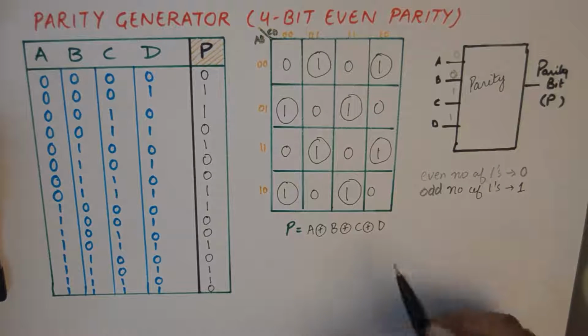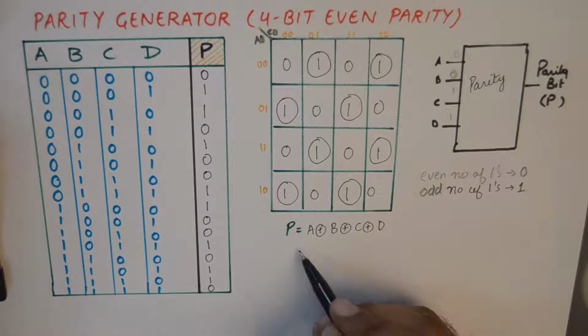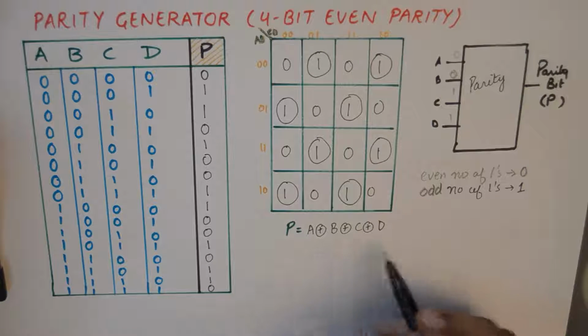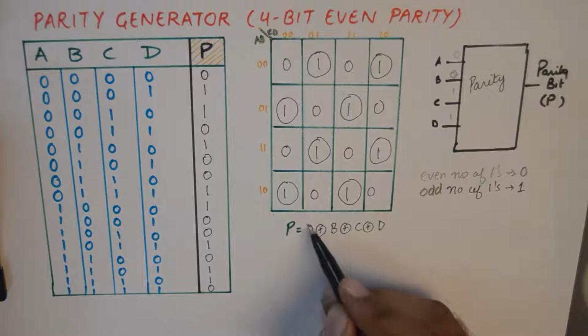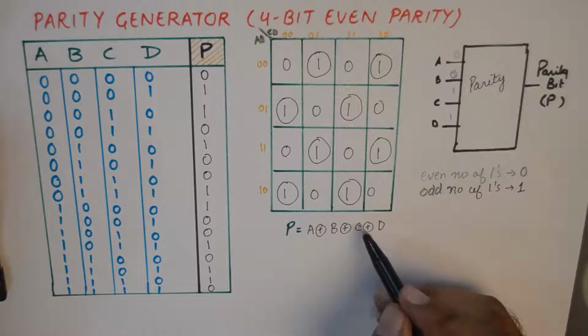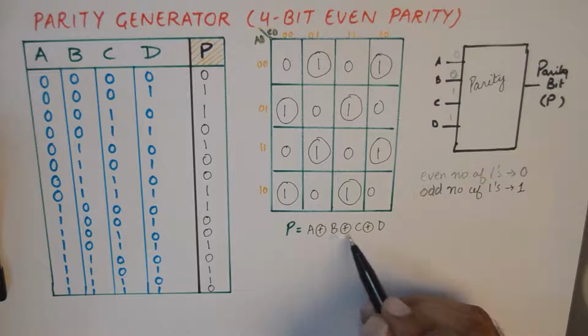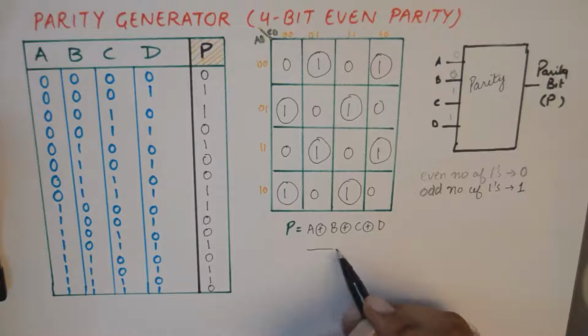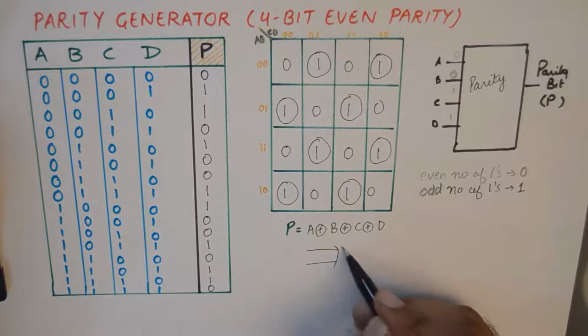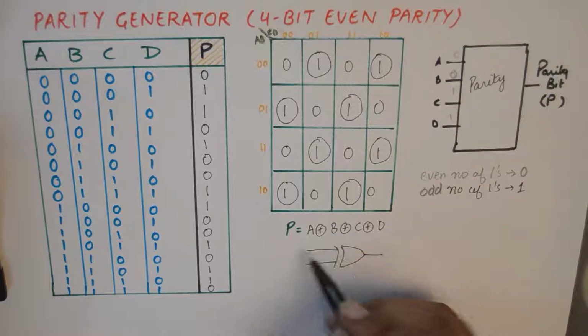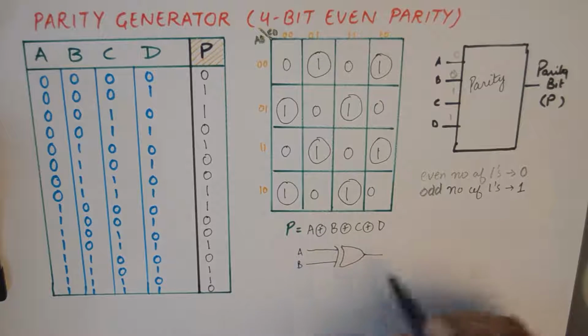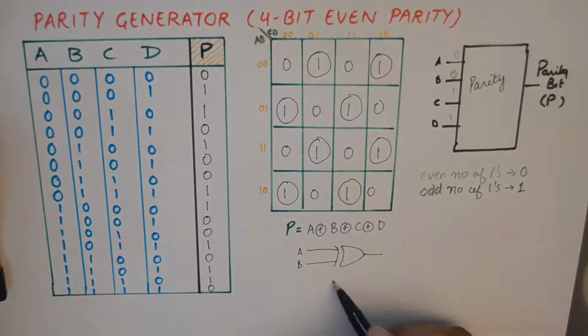Now, to realize this, we could use a scheme like this. We could XOR A and B first and C and D simultaneously, and then we could XOR the outputs of those two gates. We XOR A, B in the first stage and C, D also in the first stage.